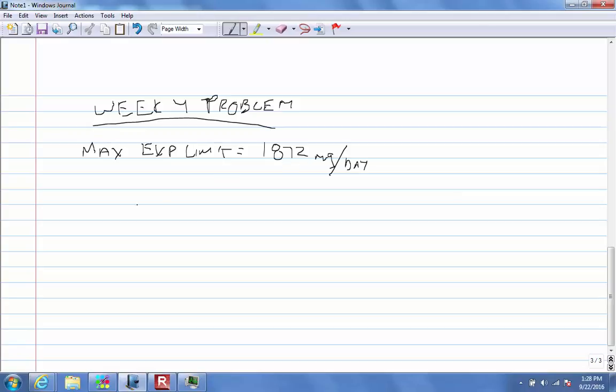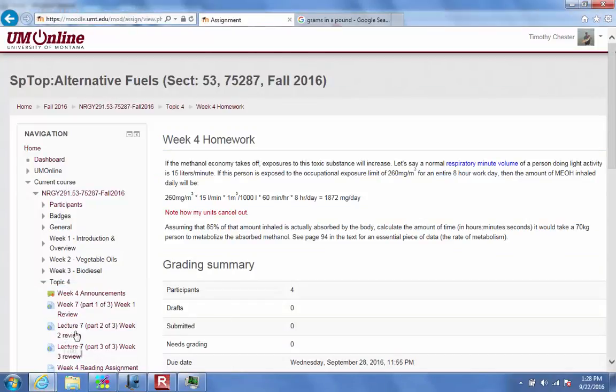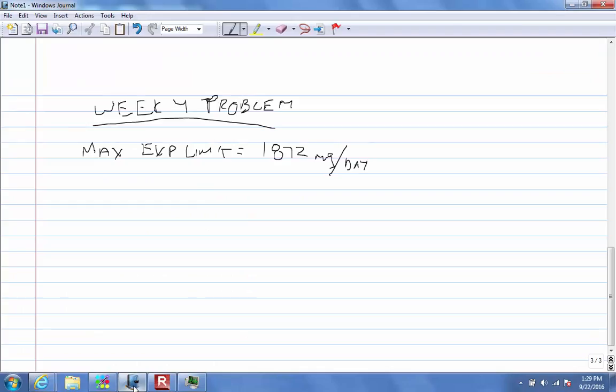All right. Looking back at our word problem, let's see what's next on that. All right, we know that we're going to absorb 85% of that. So let's go back and figure out how we can use that information to our advantage.